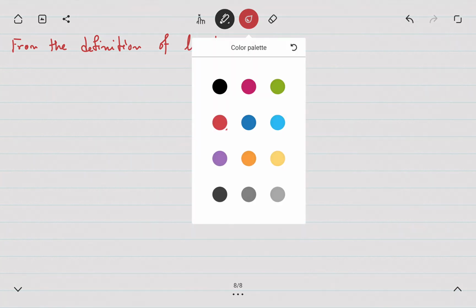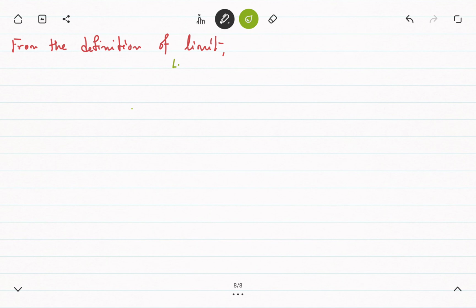So from the definition of limit, the limit exists if and only if both one-sided limits exist and they are equal.